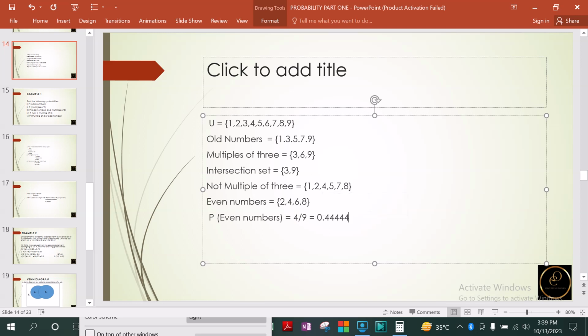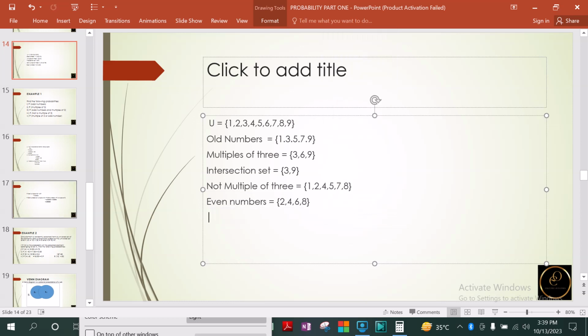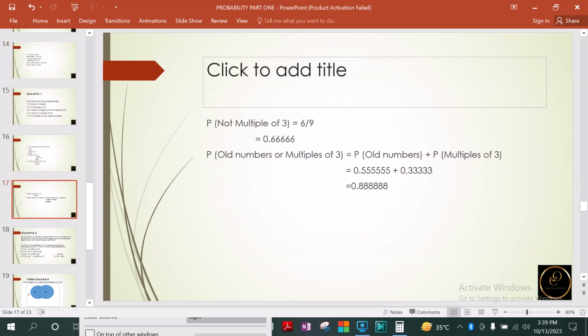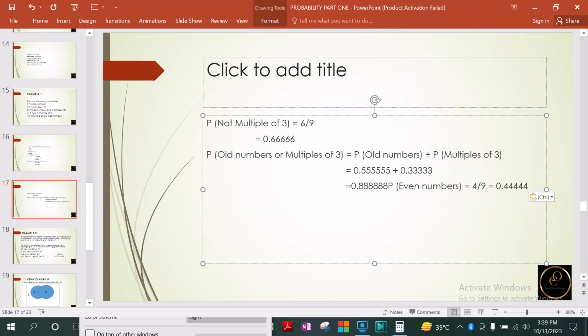So we look at the whole sample space in this particular case. Okay, so this is what we have calculated.